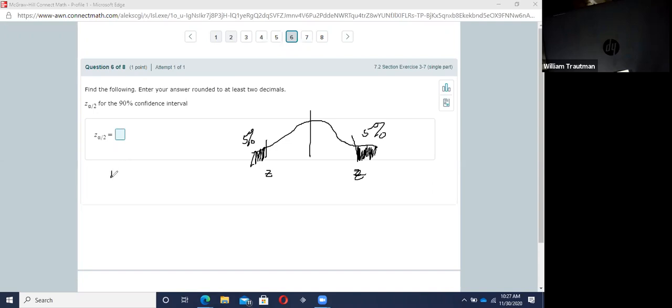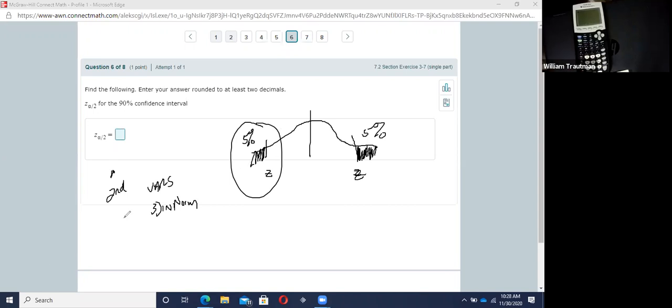So on our calculator, we do second vars, number 3 inverse norm, and we're going to do it for 5%. So let me show you on my calculator.